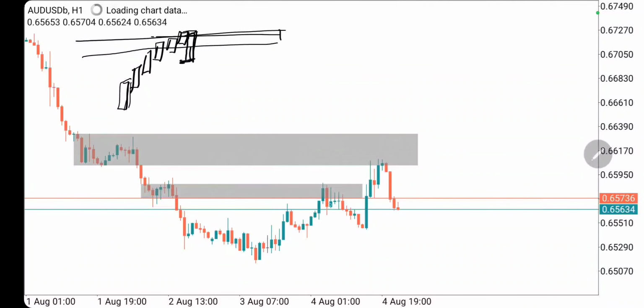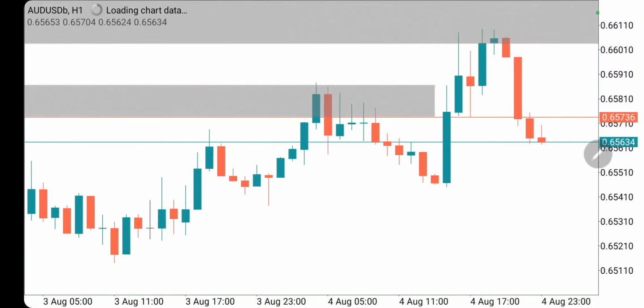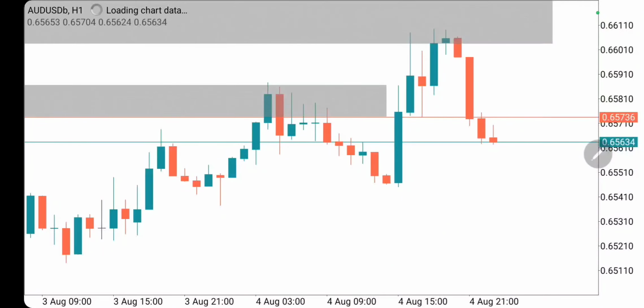Here you can see these are bullish candles, but this green candle was taken out by this red. Let me expand it. Can you see this particular candle took out this candle?